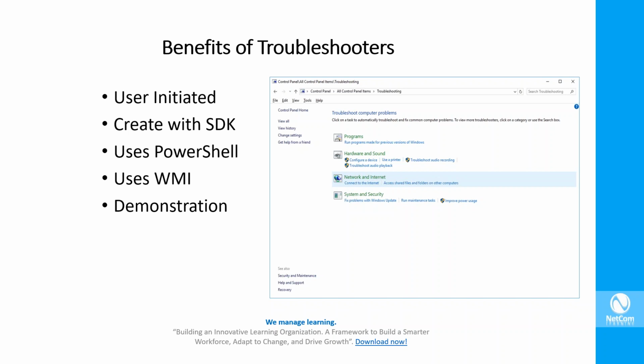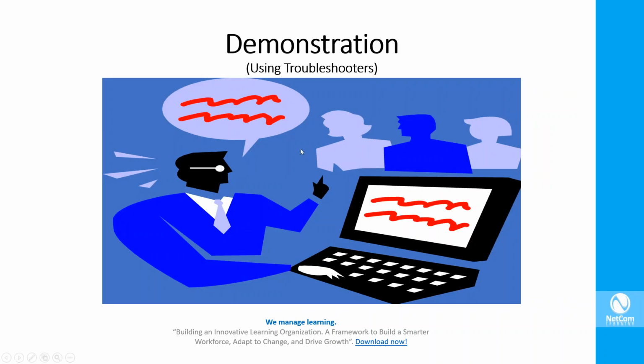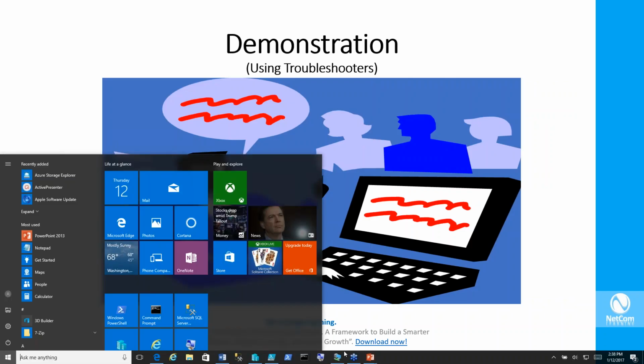If you learn the basics of PowerShell, you can build your own troubleshooters for Windows 10 or for your other operating systems. And this is another really interesting exercise that's also available as a part of the 50331 course as well. Now we have a demonstration where we show you how to use the built-in troubleshooters.